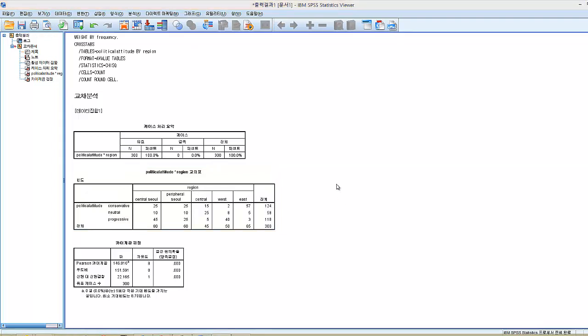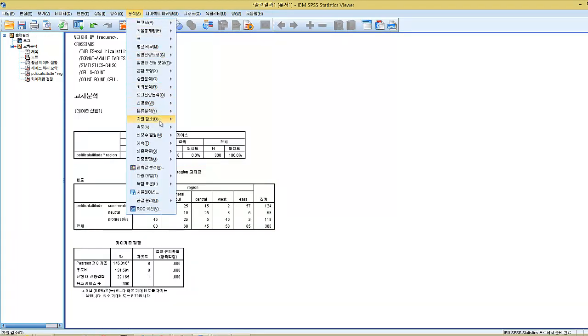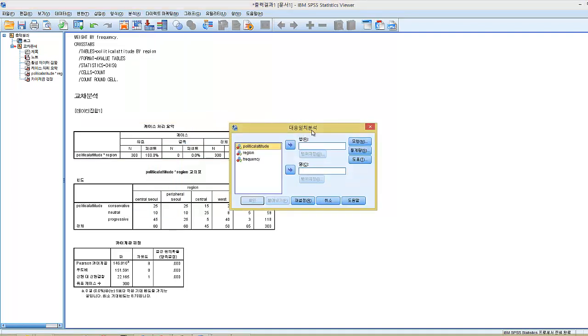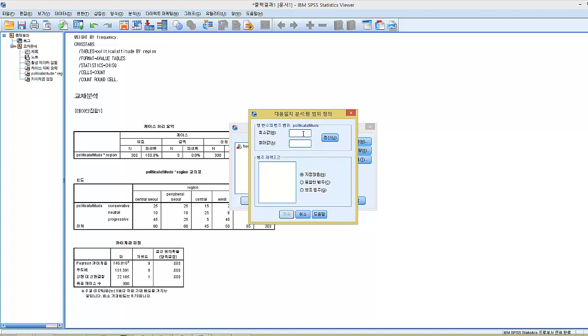For the correspondence analysis, you click Analyze, Dimension Reduction, and Correspondence Analysis. For the row, political attitude. For the column, we assign the region, and we also need to assign the range. For political attitude, we had 3 categories, and we take all 3.